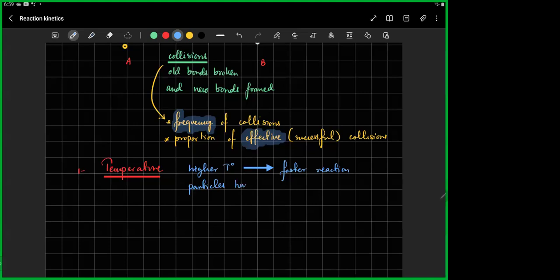Particles have more kinetic energy, and so they travel faster. ठीक है? Or simply you can just write that they have more kinetic energy. I can put that in brackets, so they travel faster.